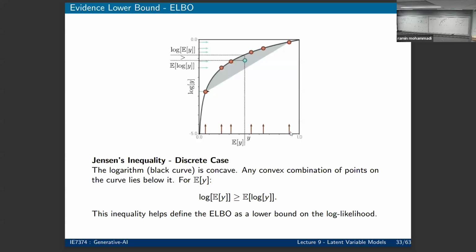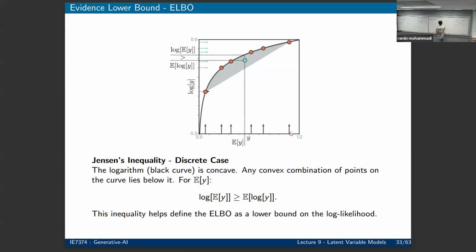Now, if you look at E of Y, this line that you see is log of Y. Whatever your Y is, if you apply log to it and plot it, probably something like this is better.